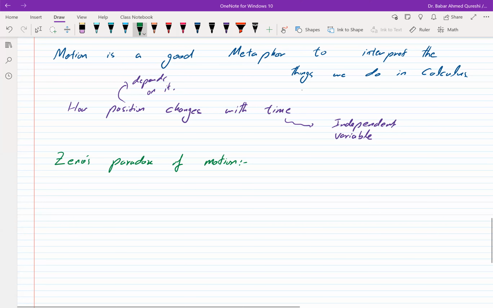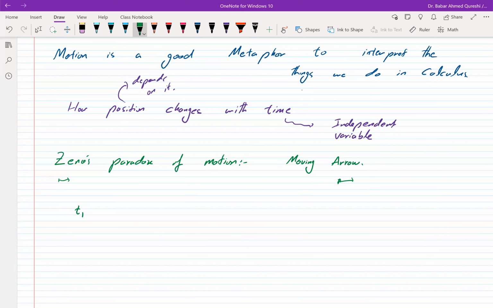What was the paradox? Zeno said that if I look at one particular instant, let's say time 1, I have a moving arrow. Everyone knows that if you have a moving arrow, it starts from here and reaches the other side in some time t.